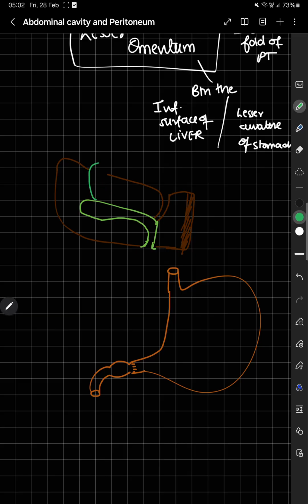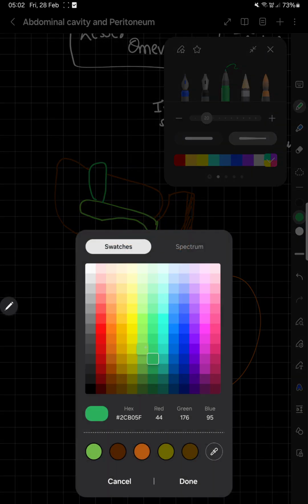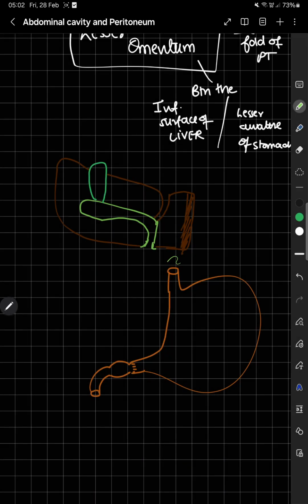And then we have a gallbladder over here, and similarly here too we have a few ligamentous attachments.